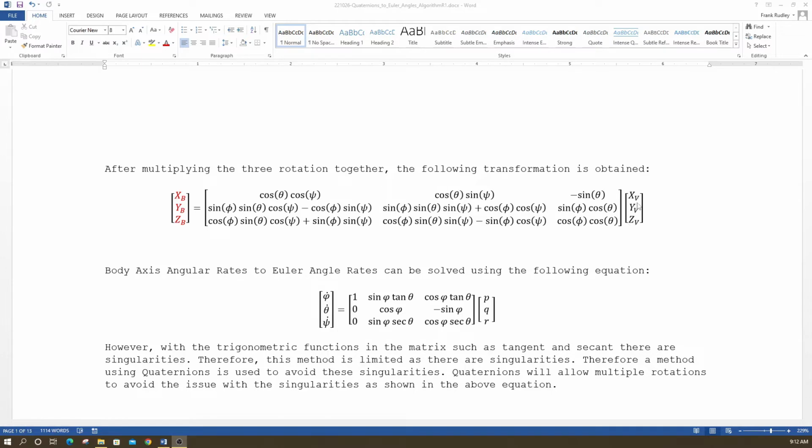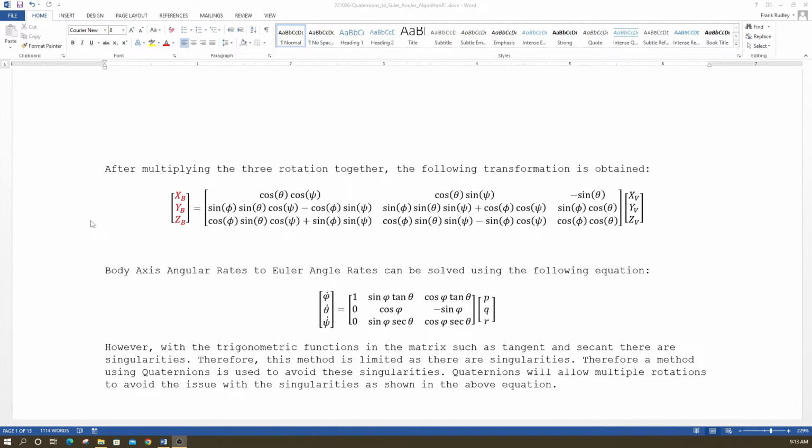So we're going from the vehicle axis to the body axis. If we take all these trig functions and put them together, this is the standard transformation going from the vehicle to the body axis.